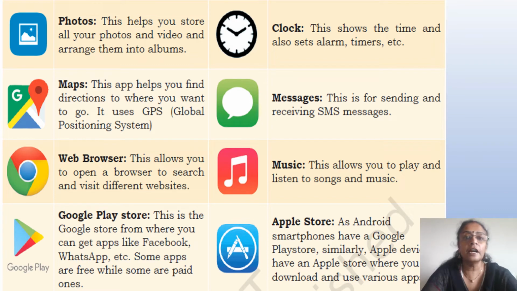Smartphones nowadays have inbuilt web browsers which help you browse the internet and different websites. You also have the clock feature, which helps you set an alarm. Then the messenger feature helps you send and receive SMSs and messages quickly. The music library feature helps you listen to and play music stored on your mobile phone.